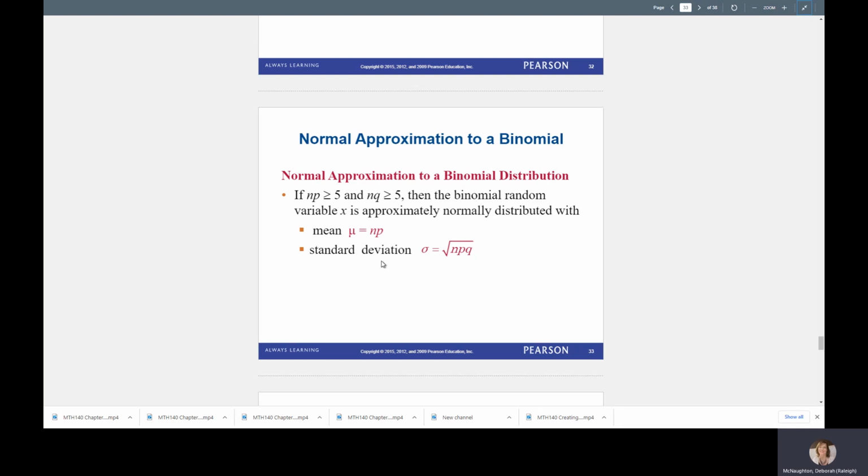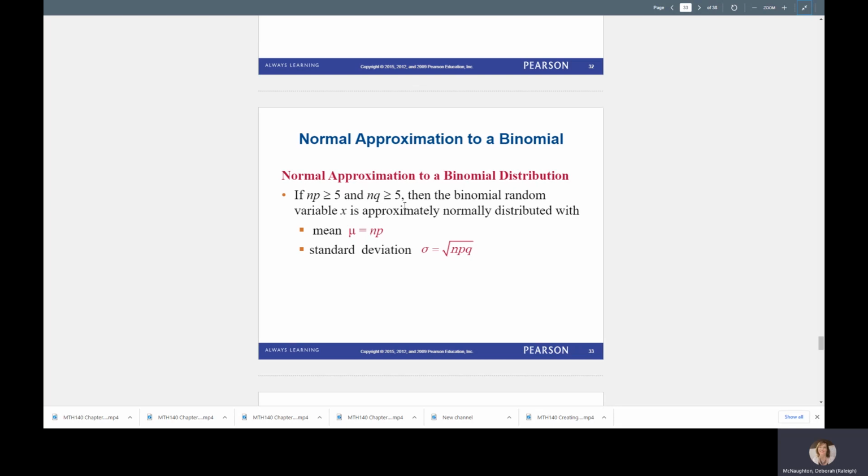The mean and standard deviation are just our mean and standard deviation from a binomial distribution. So our mean is n times p, and our standard deviation is the square root of n times p times q. So again, if n times p is greater than or equal to 5 and n times q is greater than or equal to 5, so we need to test this first, then our random variable X will be approximately normal and the mean will be n times p.